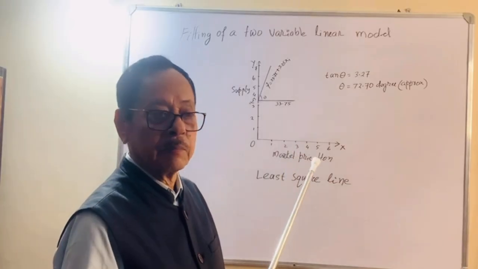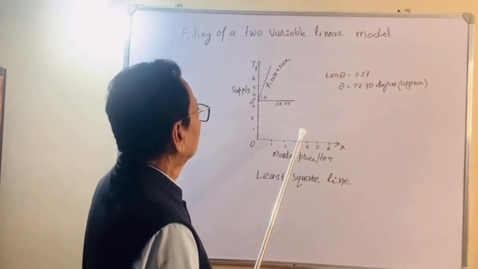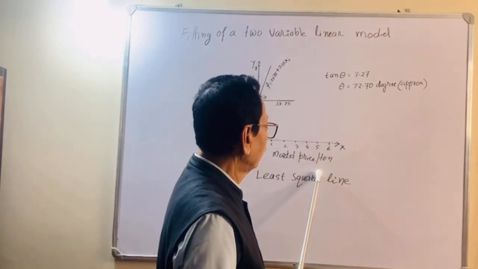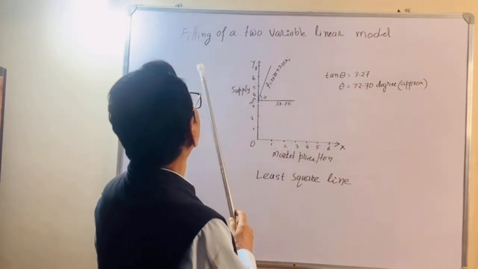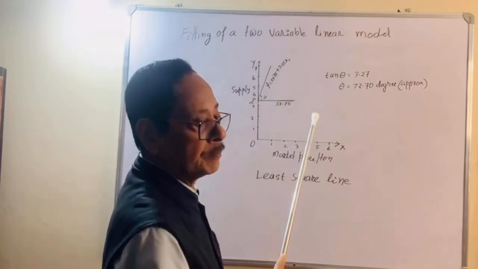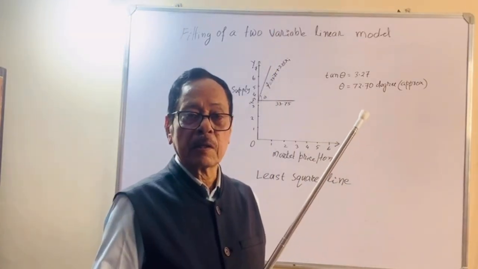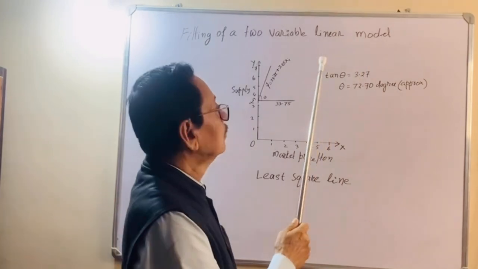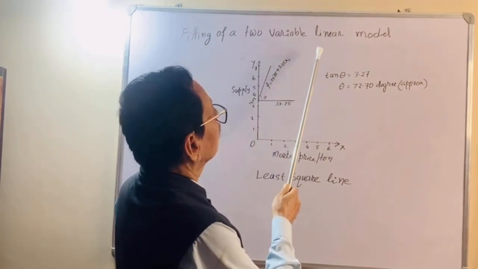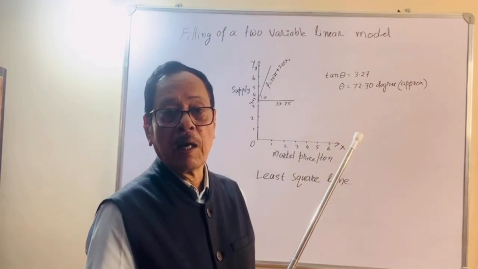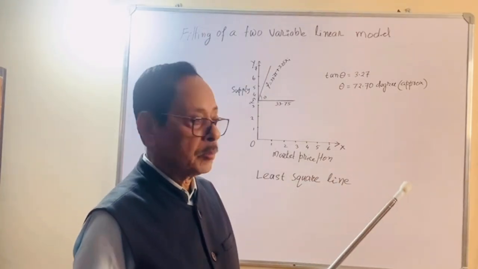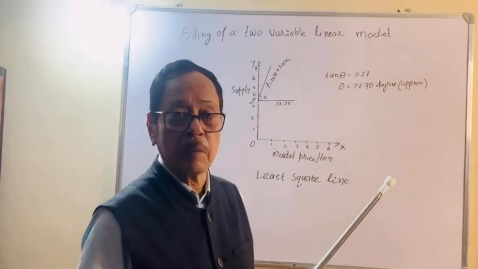You can do some more exercises, and this is the demonstration. So with this we have concluded the two variable linear model, and we will go to other topics like properties of estimates, etc.